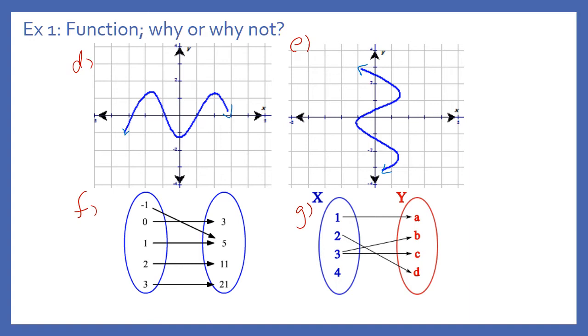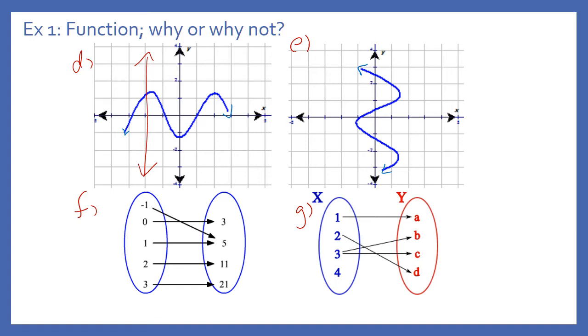If we look at D, since it's a graph, D and E are both graphs actually. Do your vertical line test: hold your pen, pencil, or ruler straight up and down. Does it touch that more than once? For D, as I hold my straight line up against there and move it left to right, it only ever touches it once.